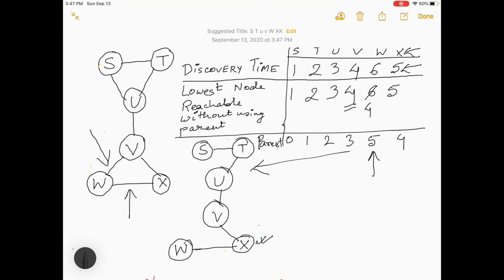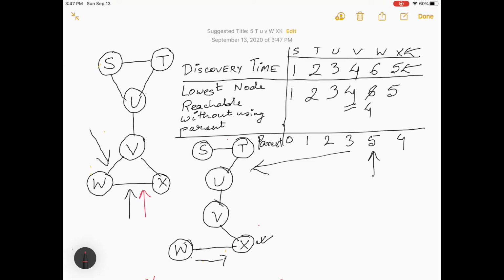So we are done processing W, because W has no other unvisited adjacent vertices. So we would backtrack to X.